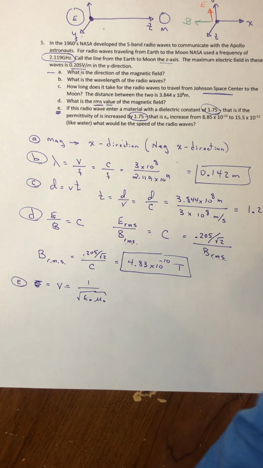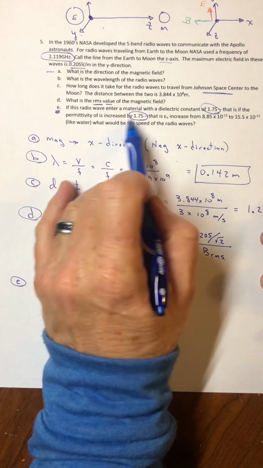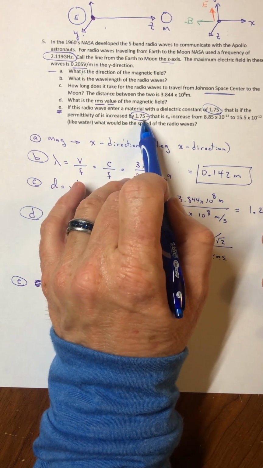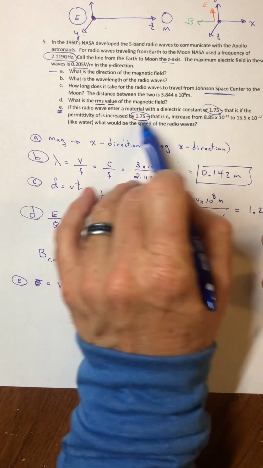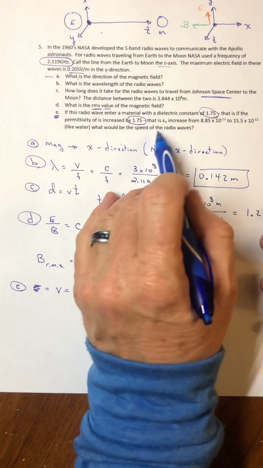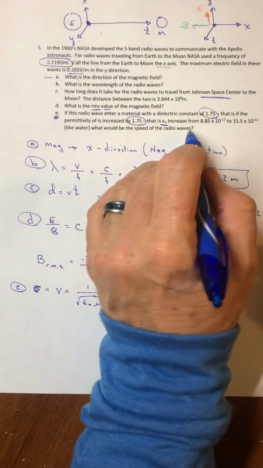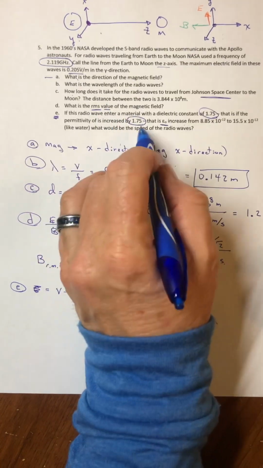We haven't done too much with the electrical or magnetic properties of material, but we did have to focus on the dielectric constant when we dealt with capacitors. I'm trying to remind you of that, and even help you out, since it says the permittivity will now increase by this factor.